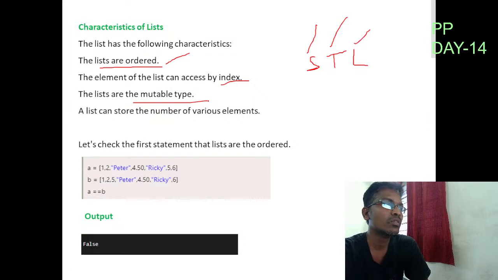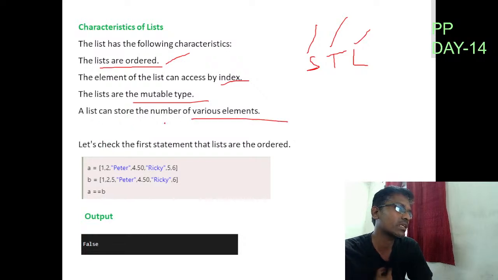That means you can modify the given number, or you can modify the given string in a given list. That can be possible, and a list can store a number of various elements. So I said that the list is a collection of different data types, whereas an array is a collection of similar data types.